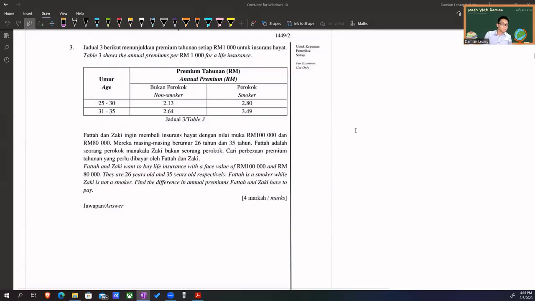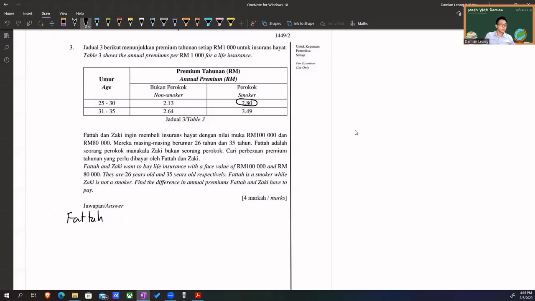So I need to count the annual premium for each one of them, Fata and Zaki. So first, let's calculate for Fata. Fata is 26 years old, in the 25 to 30 range, and is a smoker. So smoker 25 to 30 here, the rate is 2.8.